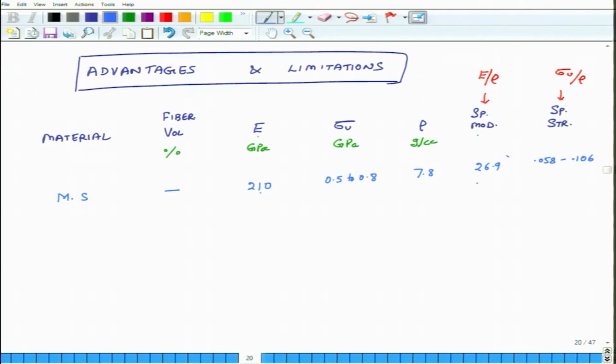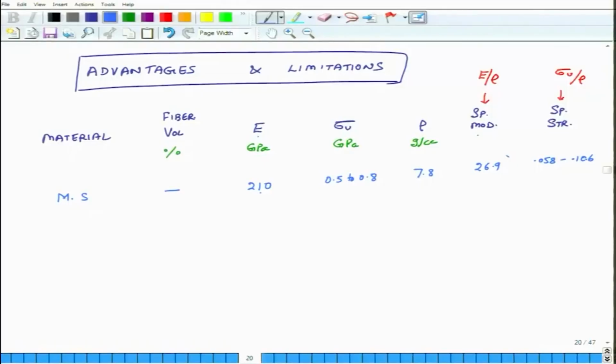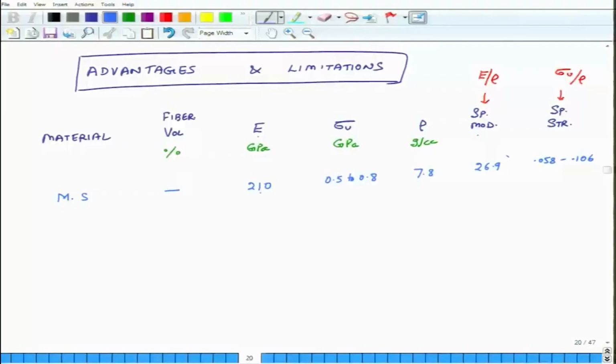So, if this number is higher, it means that for less weight I can produce the same amount of stiffness. Specific strength gives us an idea: if the specific strength of a material is high, it means that to have the same strength, I need less mass of material. And specific modulus gives us an idea of whether, to produce the same stiffness, I need a lot of material or a small amount of material in terms of its mass.